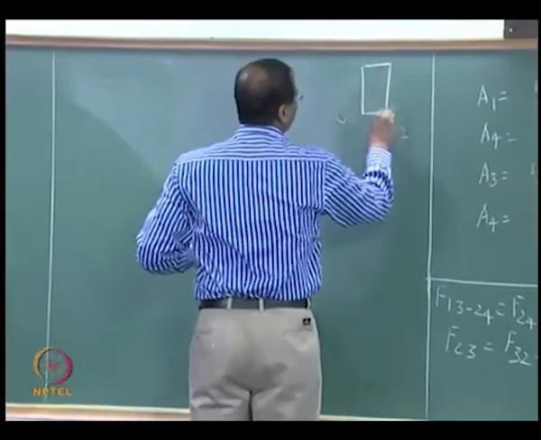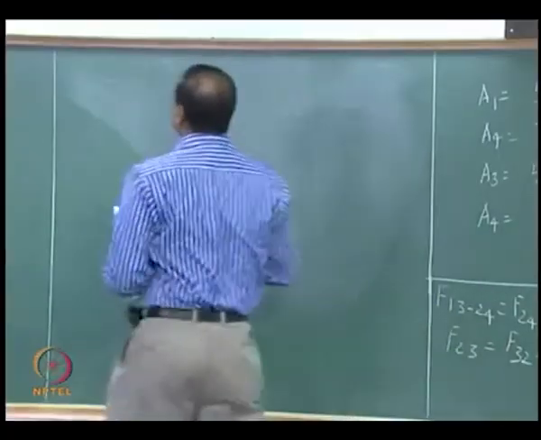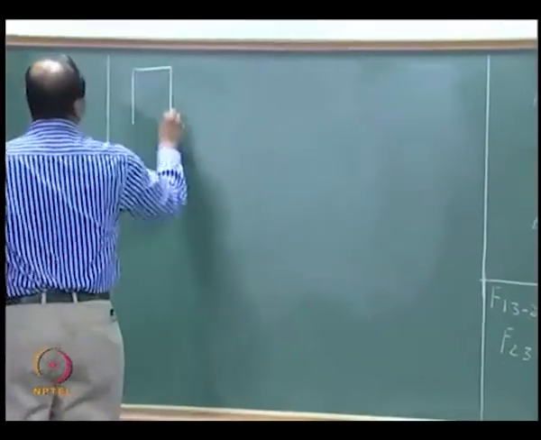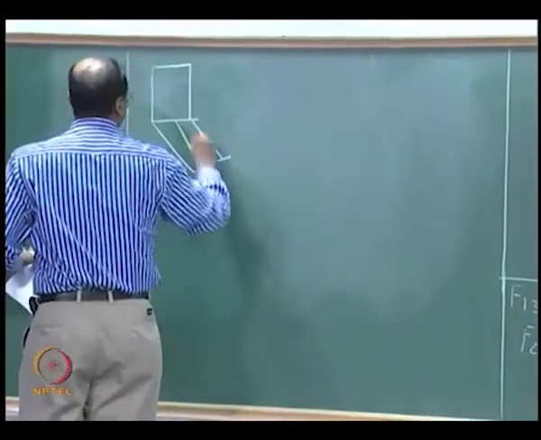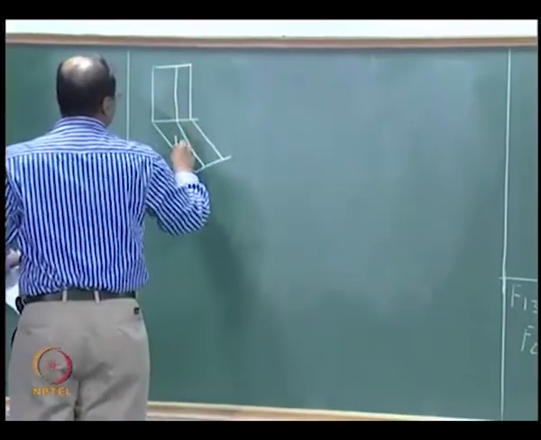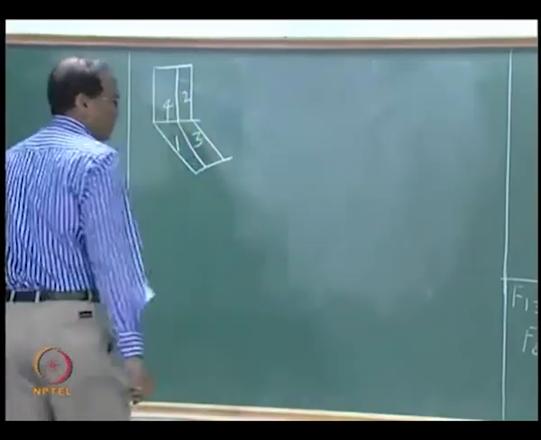Just to avoid being misled, I will just have it, which is 1, 2, 3, this one. 2, okay.